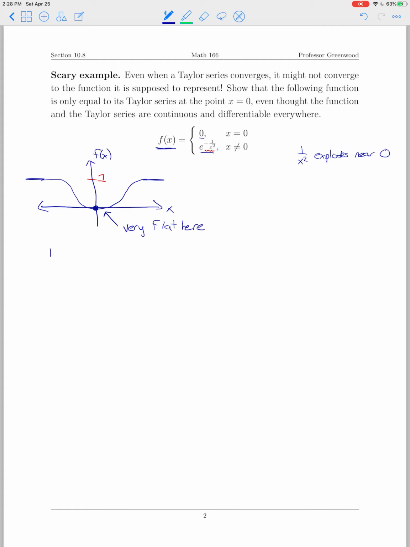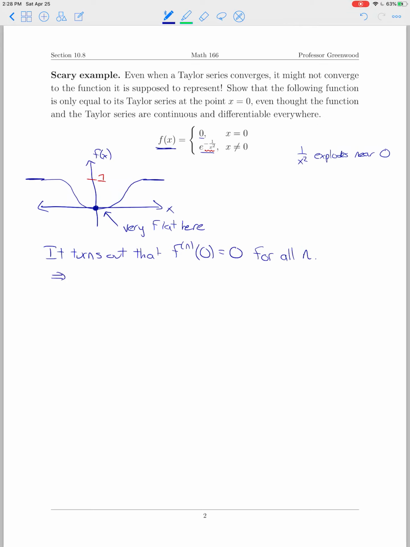But it turns out, in particular, that the nth derivative, f^(n), evaluated at 0 is equal to 0 for all n.